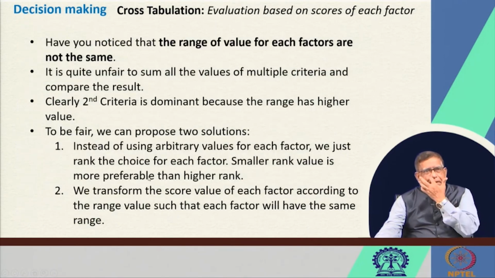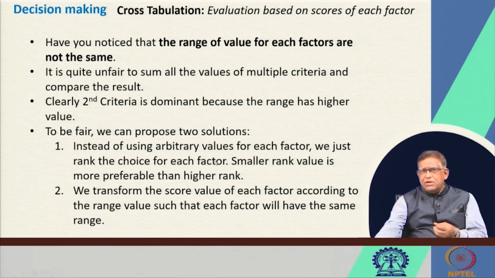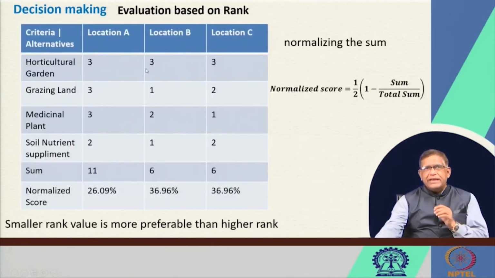So to be fair, we can propose two solutions: instead of using arbitrary values for each factor, we can rank them. The smaller rank value is the more preferable. We can say first, second, third, and the first one is selected. Now how can you do that? If you see here, what we have done is give a normalizing.